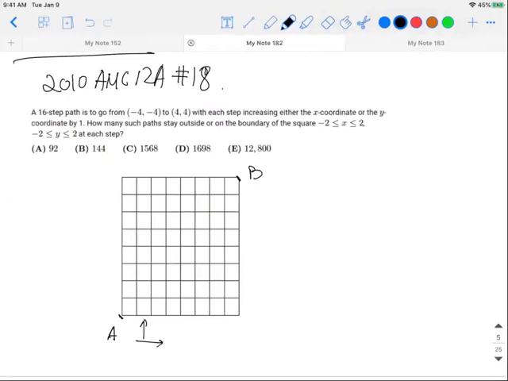Same thing, right? And how many such paths stay outside or on the boundary of the square -2, +2? Look, this is almost the same thing as we find here, right? So -2, +2, something like here.